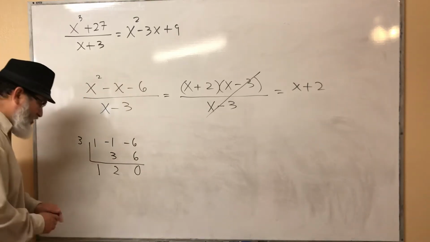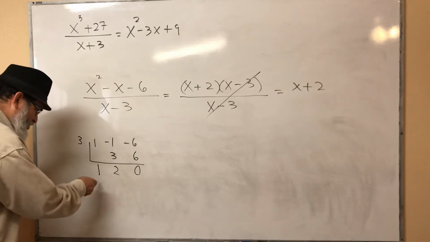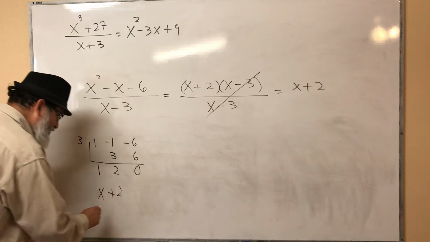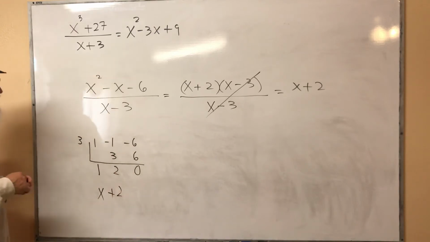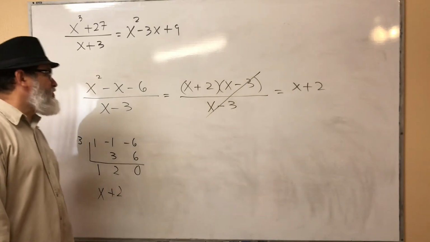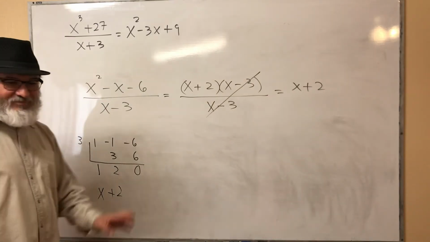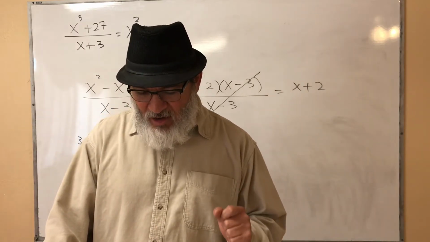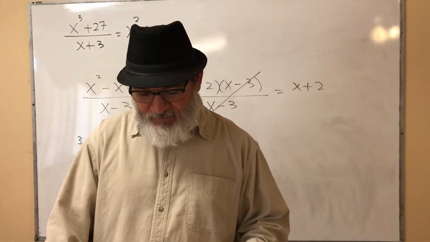The answer here is, look, this corresponds to x plus 2 with remainder of 0. And that's the answer, look. Okay. So we are not going to forget that.